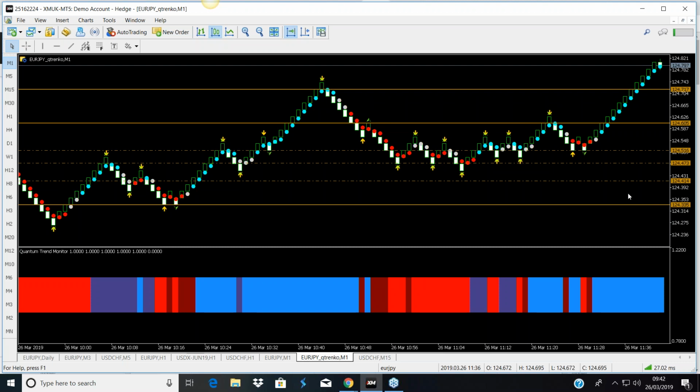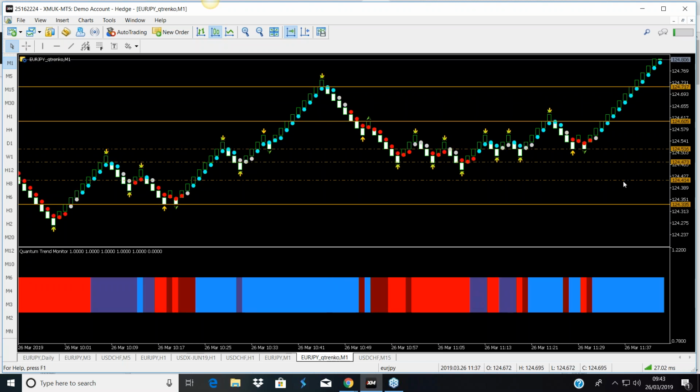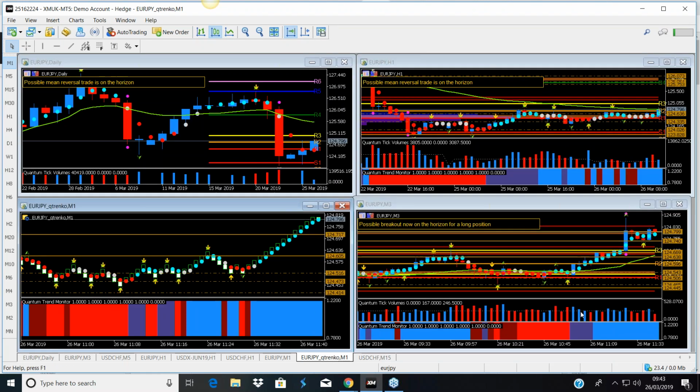Things don't happen in exactly the same way every time. But once you understand phases of price action and the relationship between price and volume, and hopefully you have our indicators as well, it will give you the edge that you really need to make it in this market.